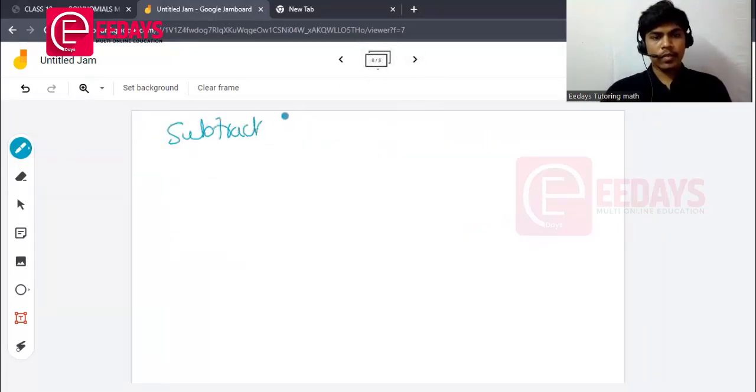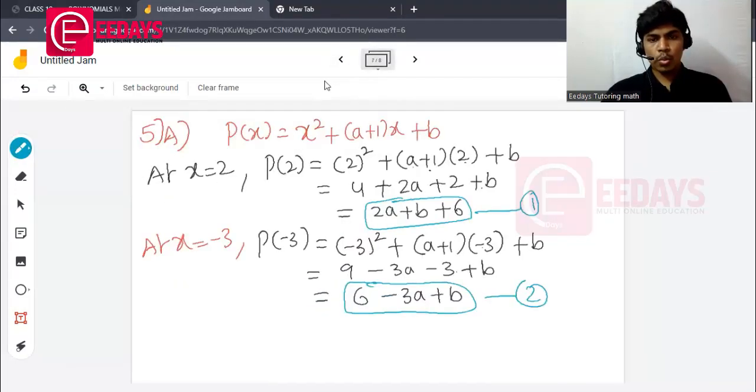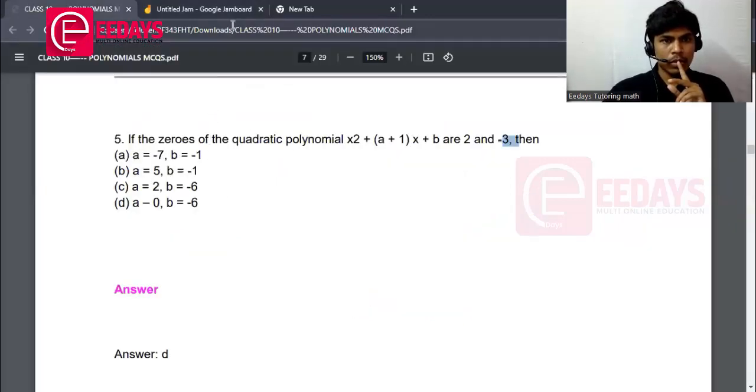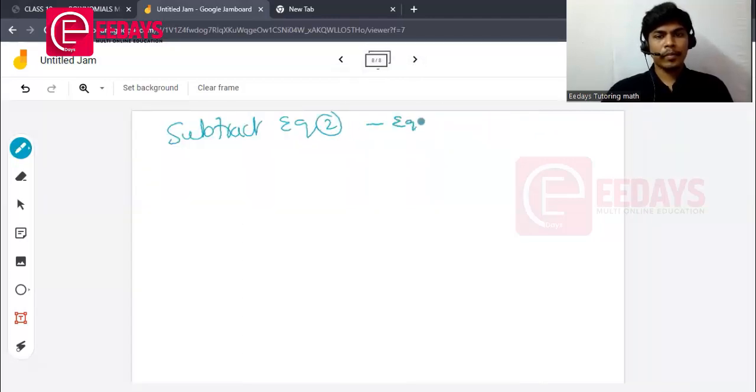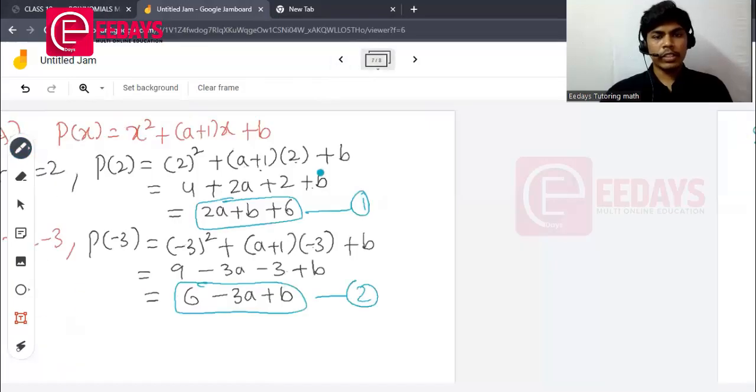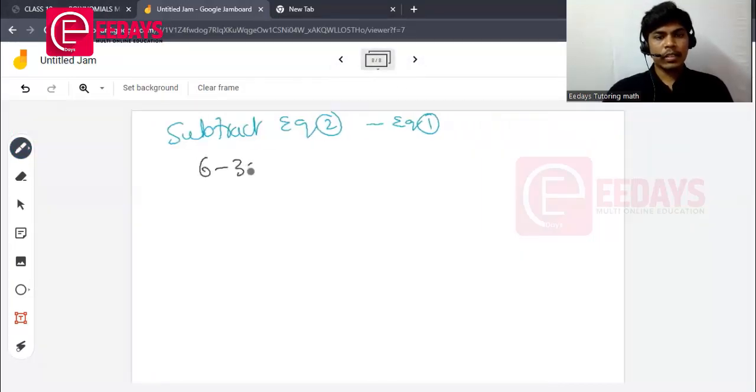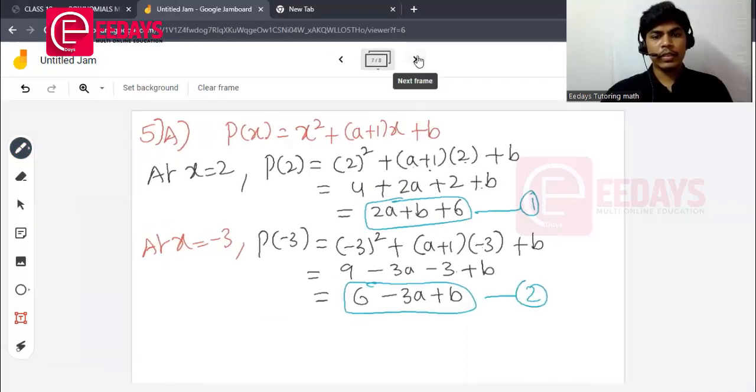Let's subtract equation 2 minus equation 1. Equation 2 is 6 minus 3a plus b, and equation 1 is 2a plus b plus 6. If you subtract that, a is equal to 0.